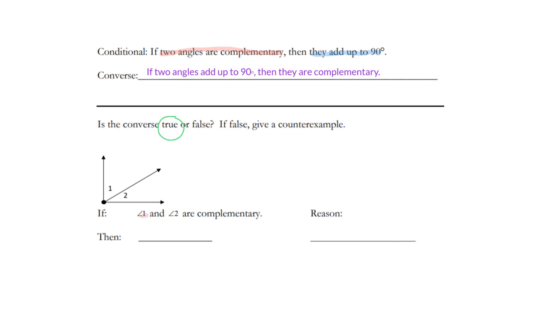Again, here is our hypothesis, and the conclusion we can draw is, now be careful when you write this, we want to write the measure of angle 1 plus the measure of angle 2 equals 90 degrees. If they're complementary, then we know that. And the reason for this is the conditional statement we just went over. If two angles are complementary, then they add up to 90 degrees.